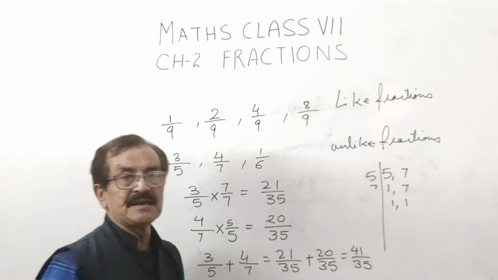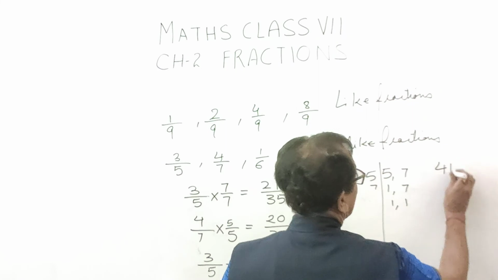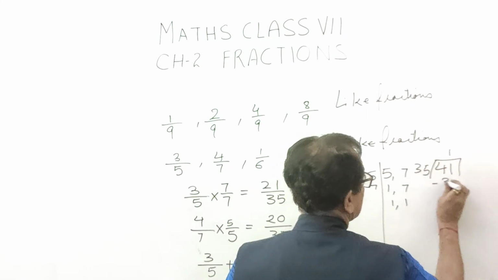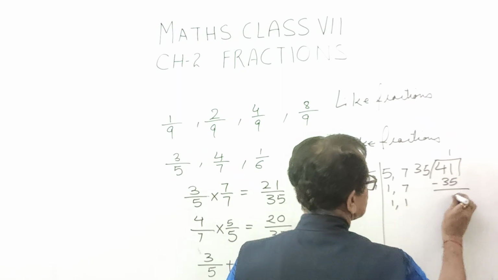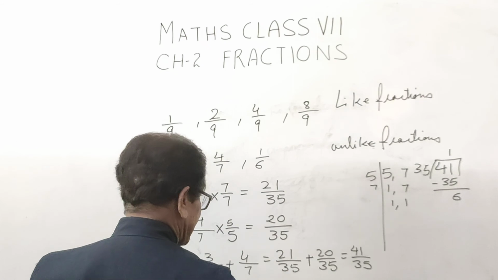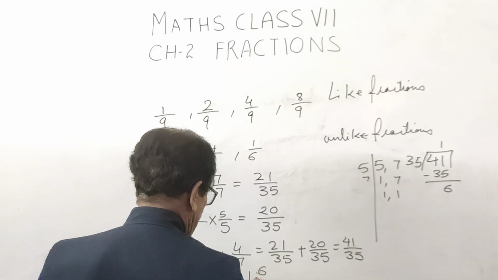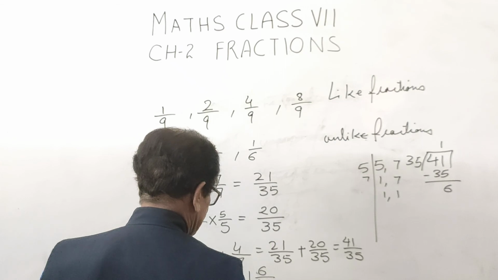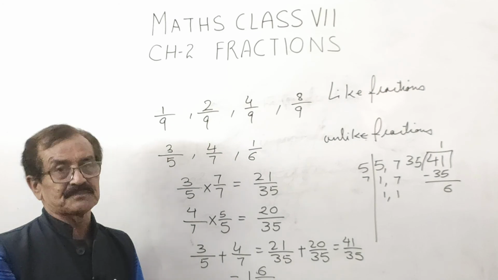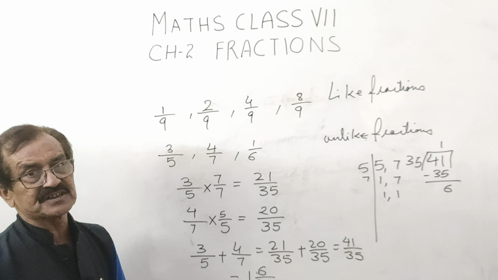So to convert this improper fraction, I simply divide 41 by 35 to get quotient 1 and remainder 6. So I write the answer as quotient, remainder upon divisor. This is how we can add and subtract like fractions and unlike fractions.